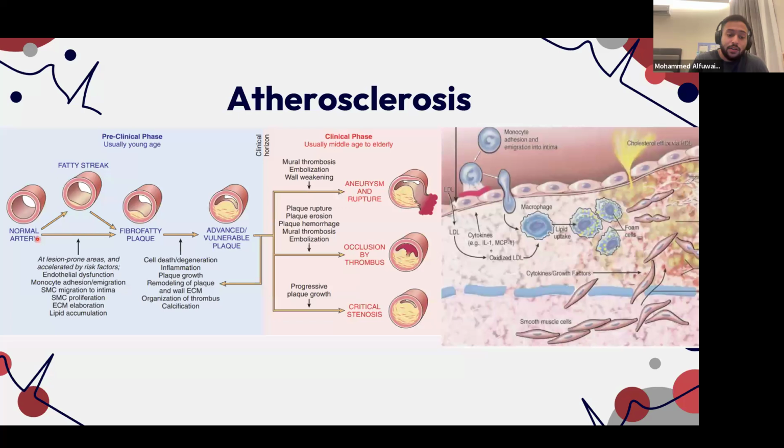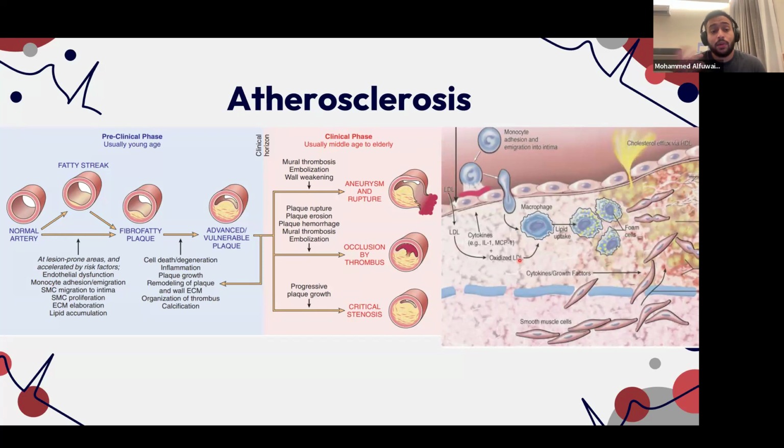After you have the endothelial dysfunction, lipids, most importantly LDL, can go into the subendothelial space, okay? Once LDL goes into the subendothelial space, it gets oxidized. Now this gets taken up by macrophages because oxidized LDL acts as a foreign body.